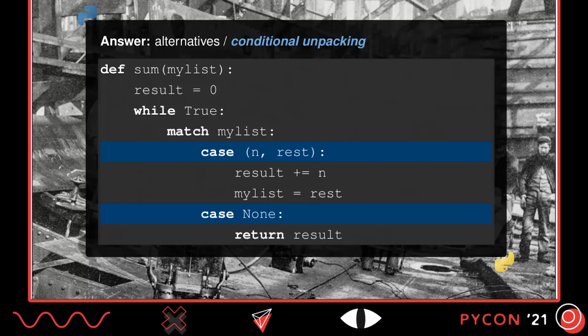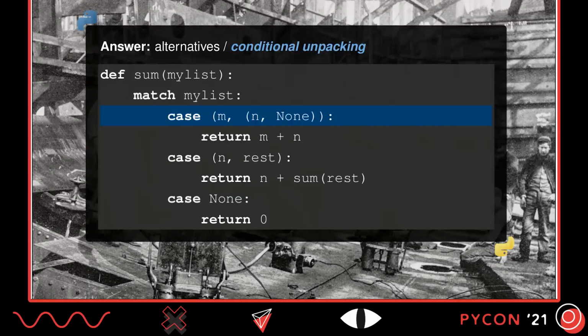The solution was to introduce conditional unpacking. Rather than just saying x, rest = mylist or tuple or whatever, I offer two cases. The first one, n, rest, applies if the given mylist data structure really can be unpacked into an n and a rest element. Otherwise, the case None statement is executed.